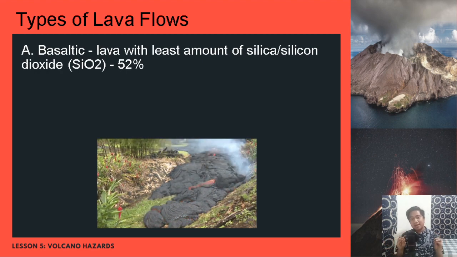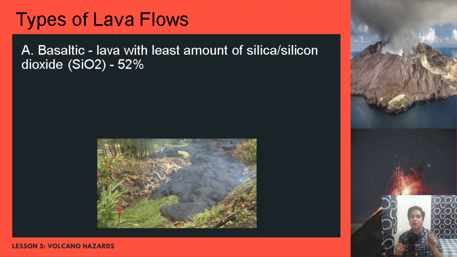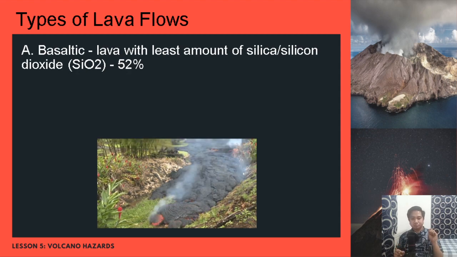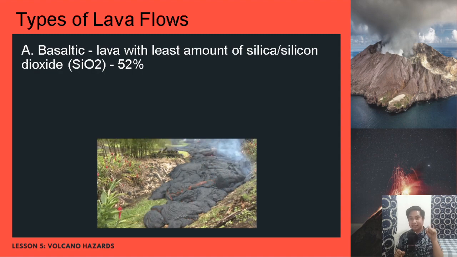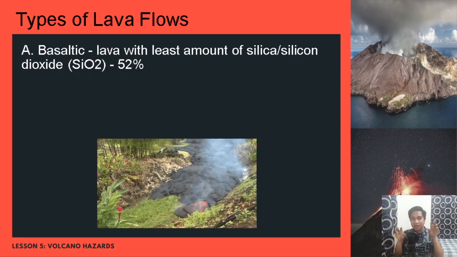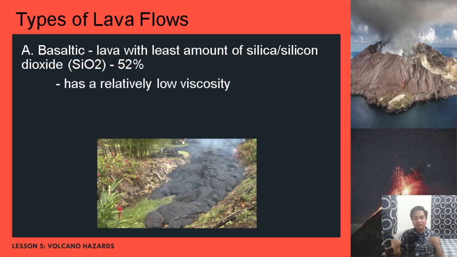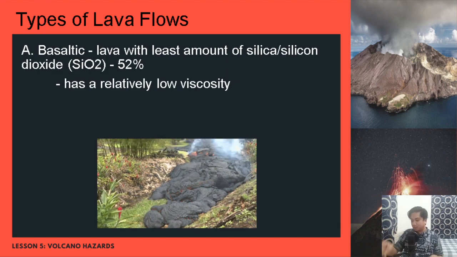So remember lang natin class, if the silicon content is lesser, chances are the concentration is, kumbaga, hindi siya sticky. Okay? So this is more liquid. Doka-liquid di siya in form. So it has a relatively low viscosity. Hindi siya lapuyot. It's not sticky.